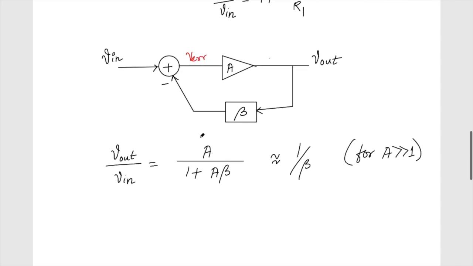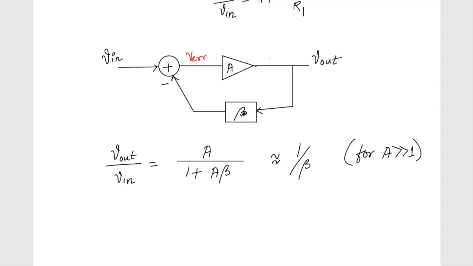And of course suppose I want to get a gain of 2, then this beta should be half. So basically I'm making the output half before it comes here, so that I can compare it with the input.